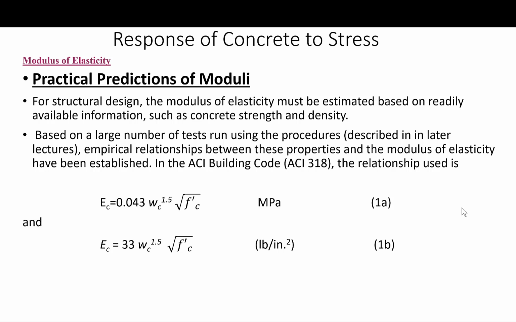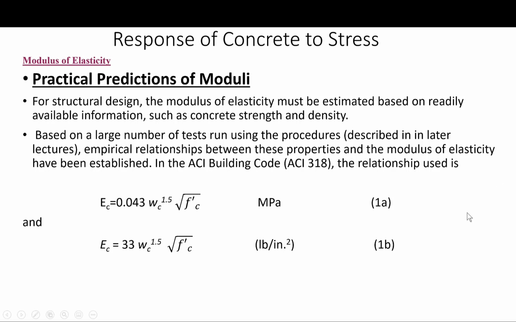Based on a large number of tests run using the procedures I will describe in later lectures, empirical relationships between these properties and the modulus of elasticity have been established, as you can see here.